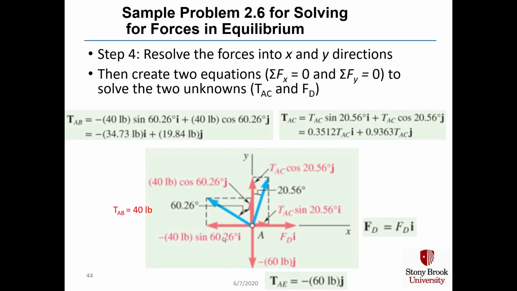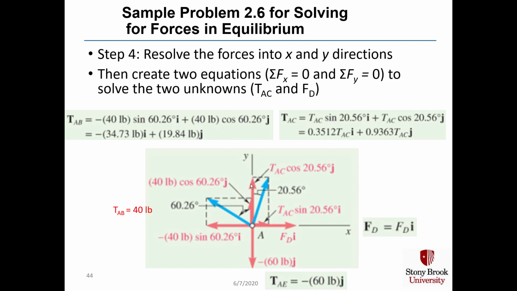And the y component of T sub AB is the 40 pounds times the cosine of 60.26 degrees, and it points up. Numerically then, T sub AB is minus 34.73 times i plus 19.84 times j. Units of force are used in pounds.